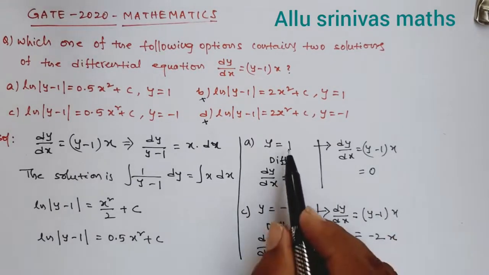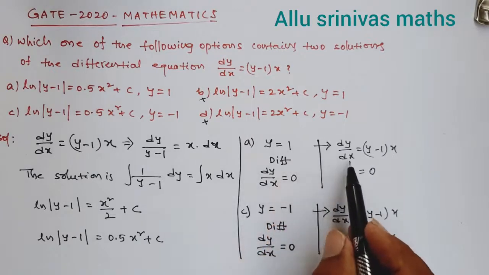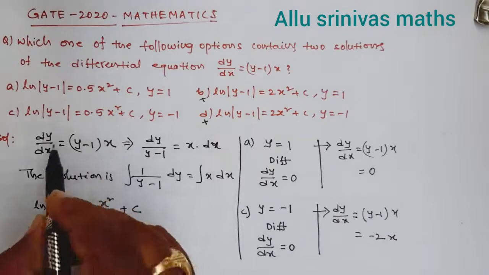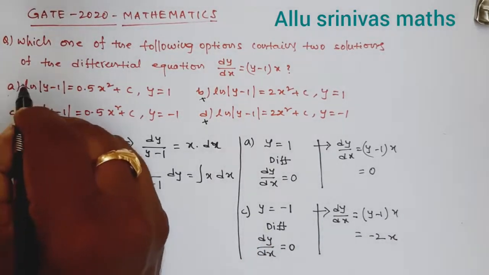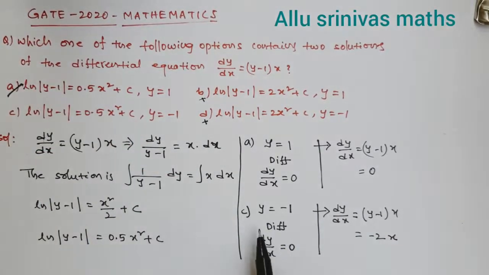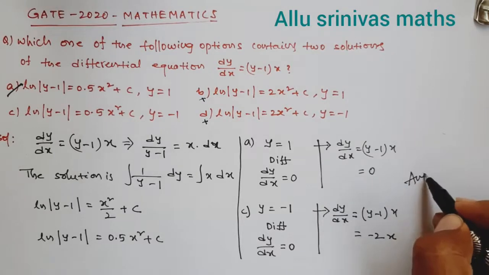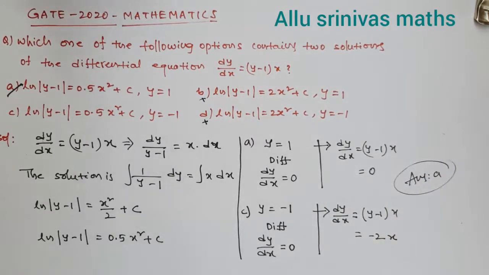So y = 1 is a solution of the given differential equation. So option A is a correct answer. Check option C. Both dy/dx are not equal. So y = -1 is not a solution of the given differential equation. So finally the answer is A.